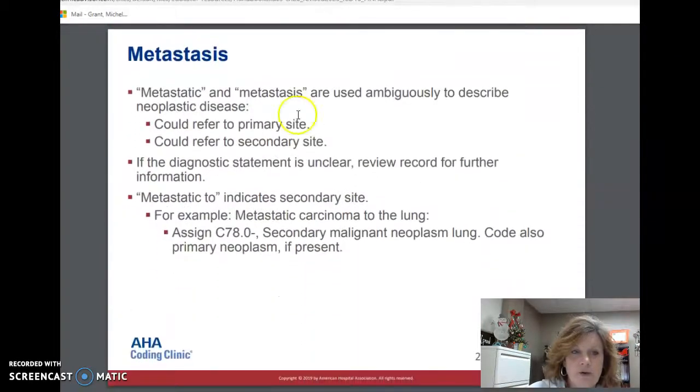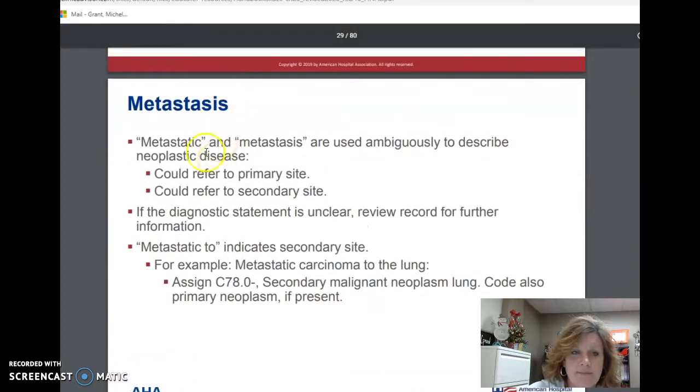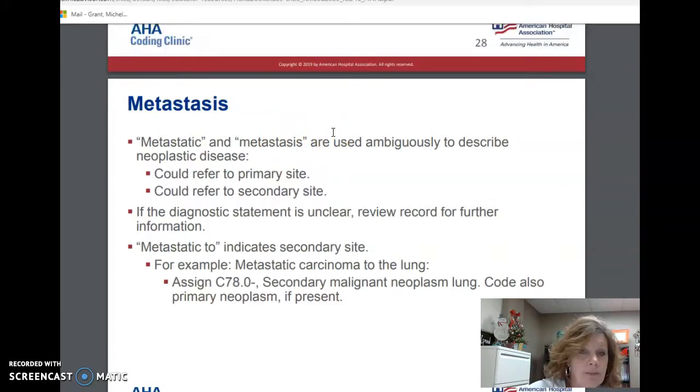All right, so let's go to metastasis. Metastatic or metastasis, they're used the same to describe neoplastic disease. You could refer to the primary site, or the secondary site. If the diagnostic statement's unclear, we need to look through that record for more information, but for this year, you should be fine.